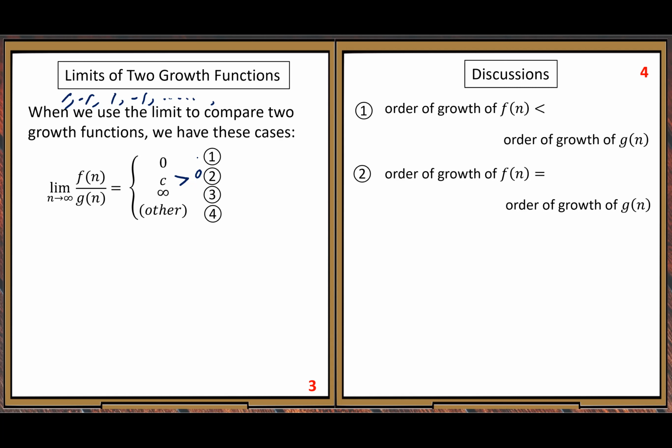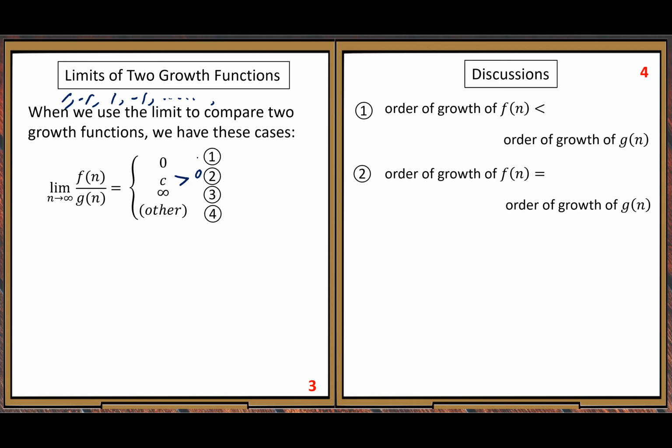Even for an extremely small number, such as the limit of f of n over g of n equaling 10 to the negative 7th power, our intuition says g has a higher order of growth than f of n, but based on our definition, it's not. The value of the positive constant is not important.